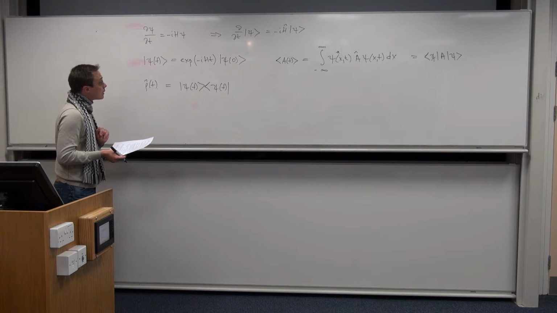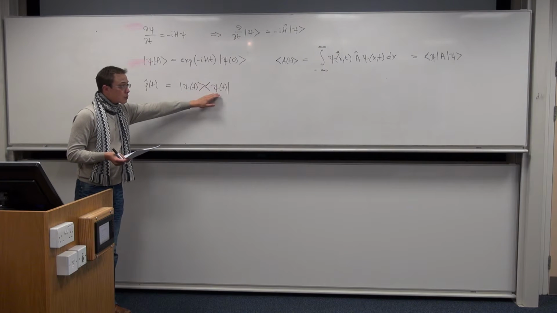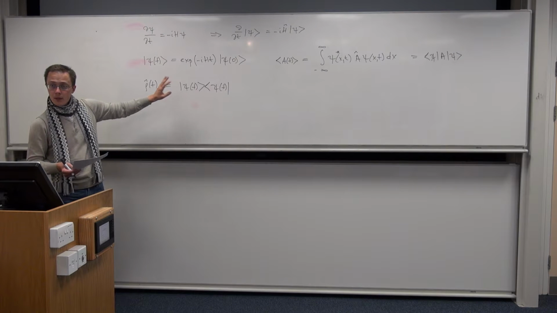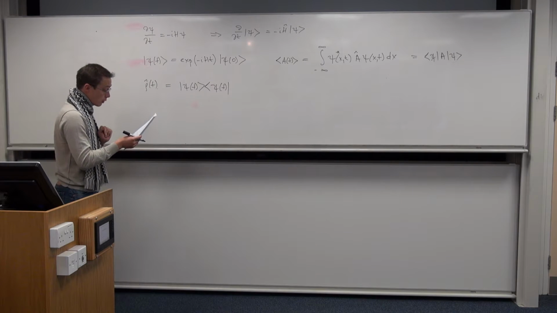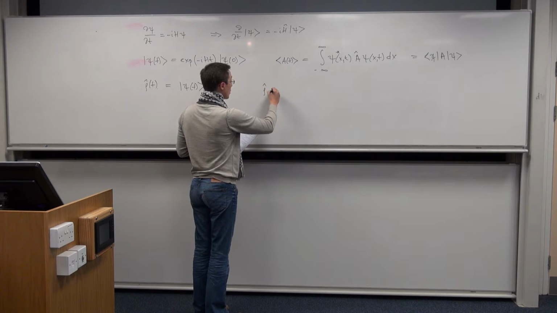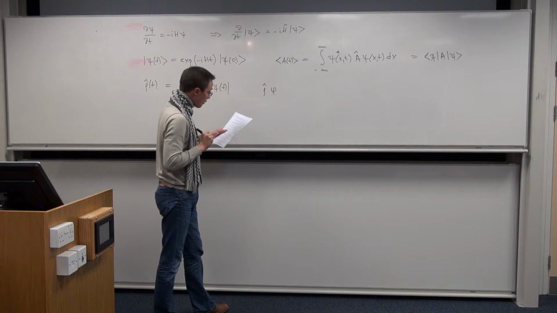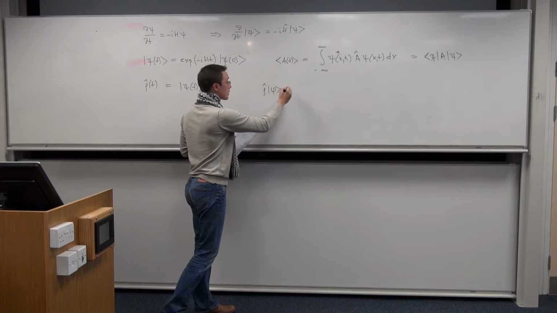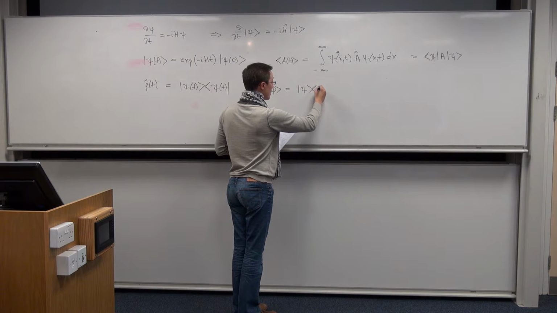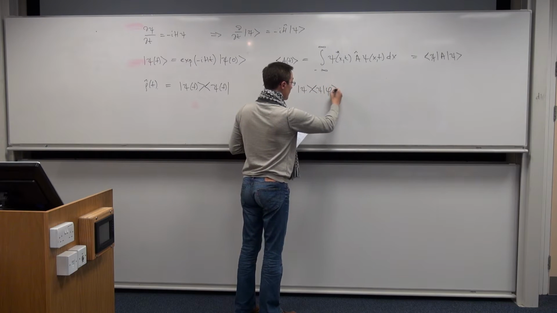First of all, even though it is made out of two wave functions, it is itself actually an operator. That is, if we act with it on another wave function, for example rho acting on phi, where phi is a wave function, as per the definition, will be |psi><psi|phi>.